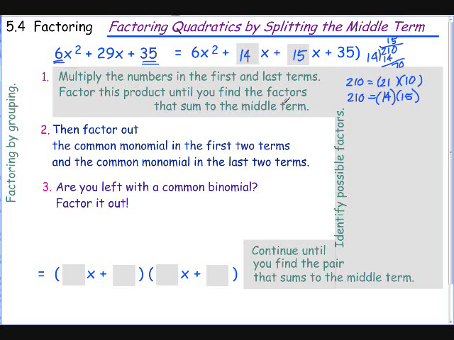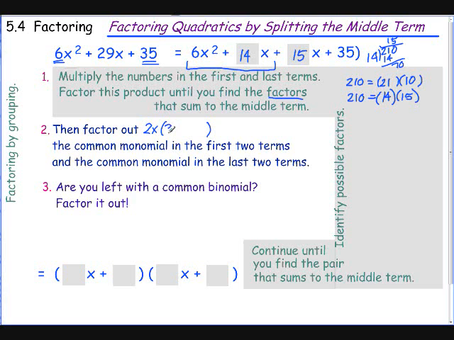Factor this product until you find the factors that will sum to the middle term. Then factor out the common monomial in the first two. Okay, so what have we got that's common in the first two? Well, an x and a 2, right? So I could factor out 2x, and what would I be left with?